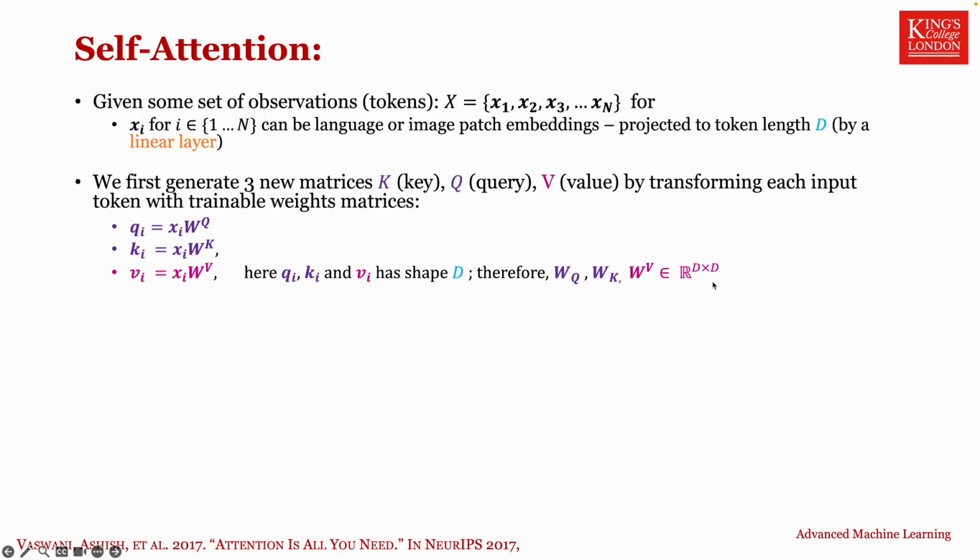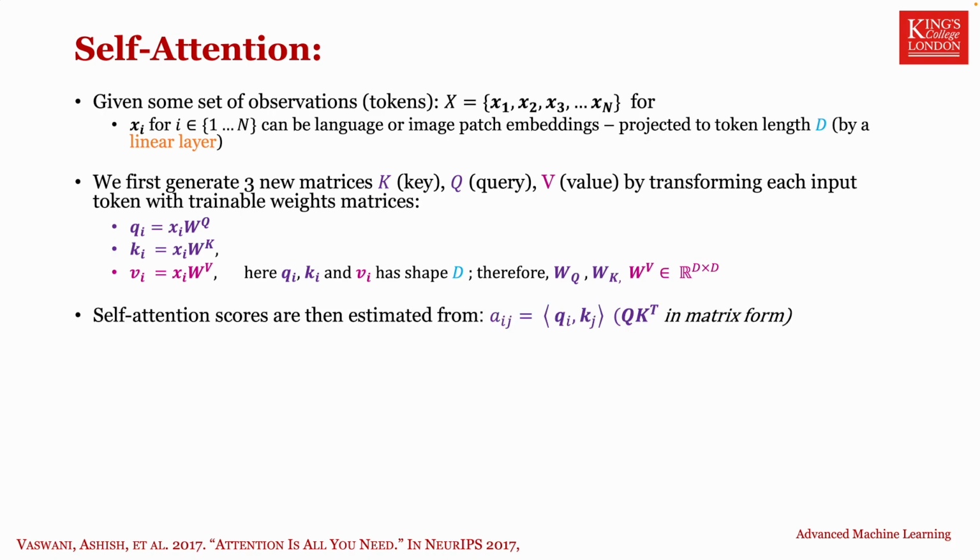These weights have shape d by d, and the query, key, and value have shape d, the same as the input token. So what this basically means is that every element of qi is generated from a weighted combination of all elements from the x token, with the weights provided by WQ. Same for the key, same for the value.